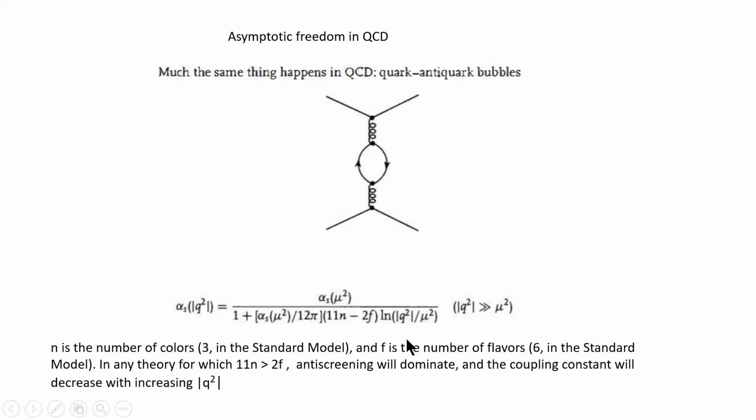That is, the coupling constant will decrease with high q, that is, the more the momentum transferred, the less the coupling will be. Therefore we say that this is called the asymptotic freedom of quarks.